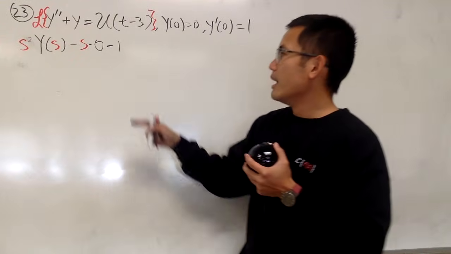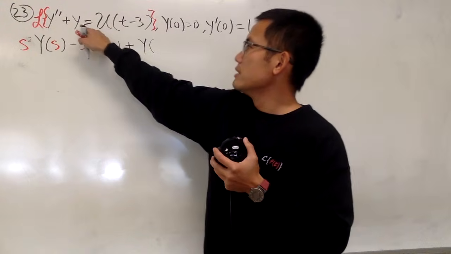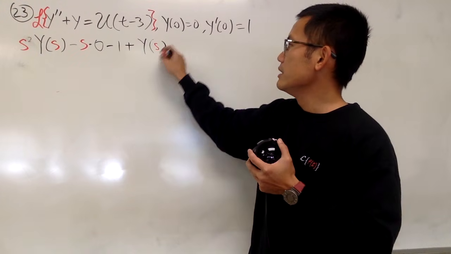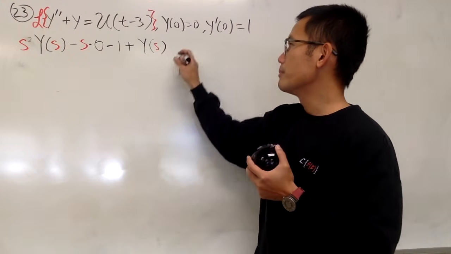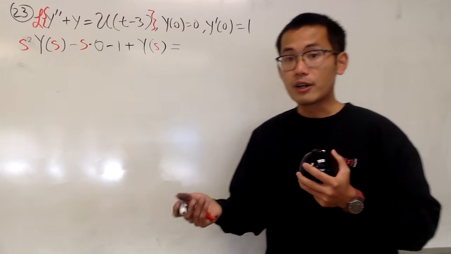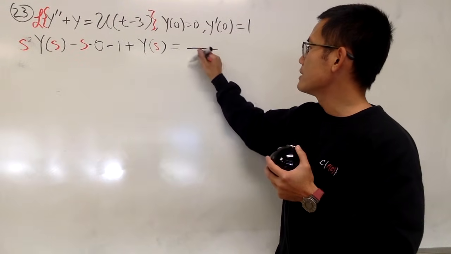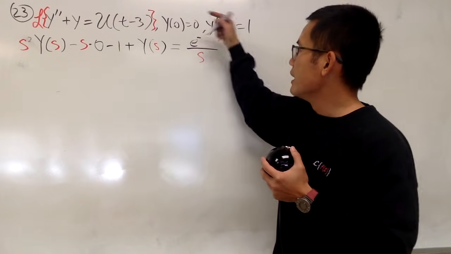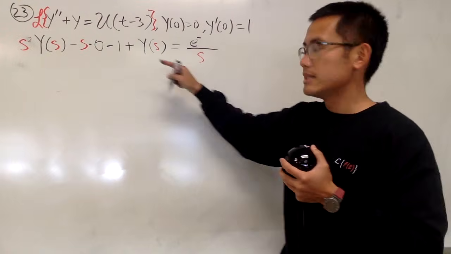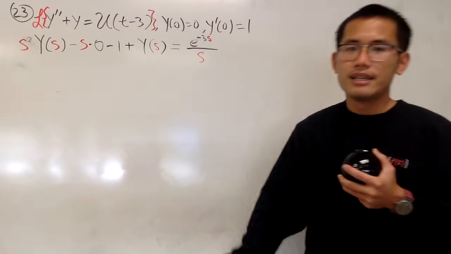Then add Y of s, because this is just y in the s world. Now remember the unit step function in the s world: it's something over s, and that's e to the negative a s, so e to the negative 3s over s.